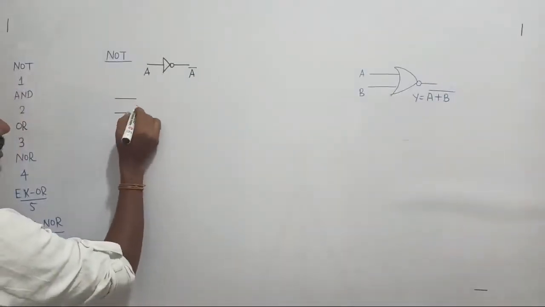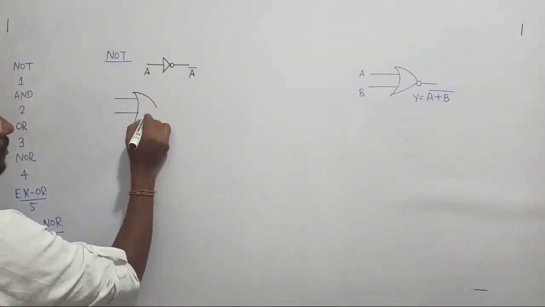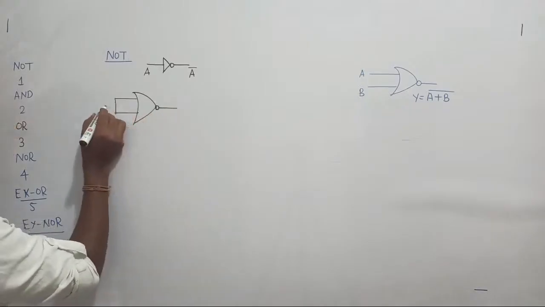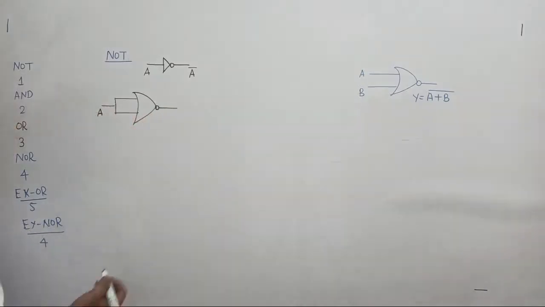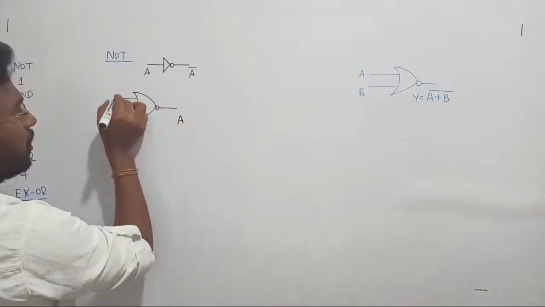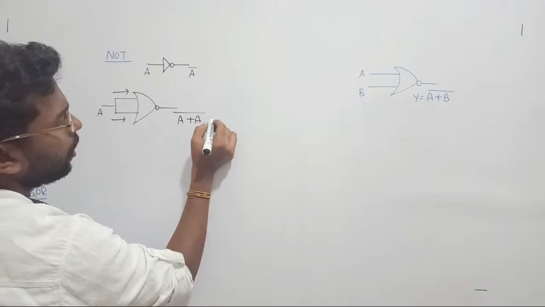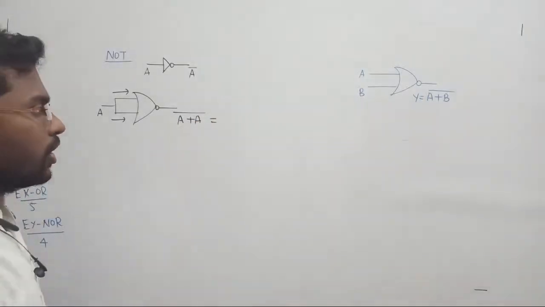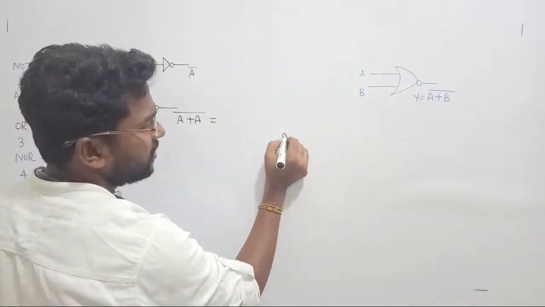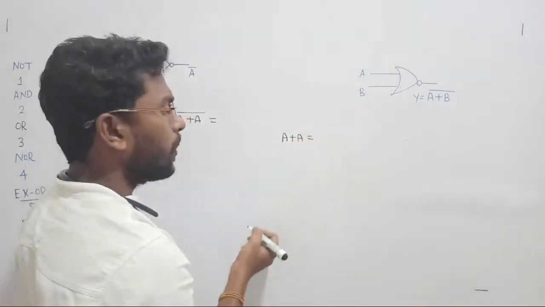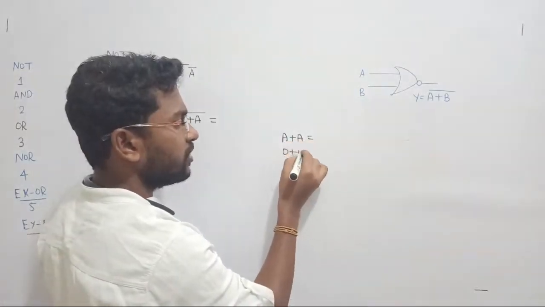Let us take the NOR gate here. Let us club them. Now I will join these two terminals once again. It is going to be A, such that the output will become what? Either A or A. So A plus A whole bar will become what? Now the thing is, A plus A: if A is 0, then 0 plus 0 will become 0.